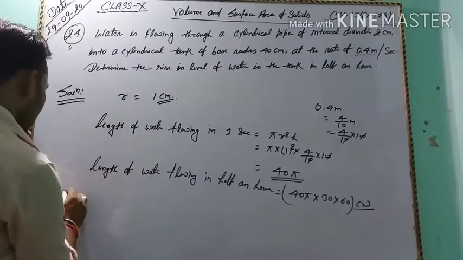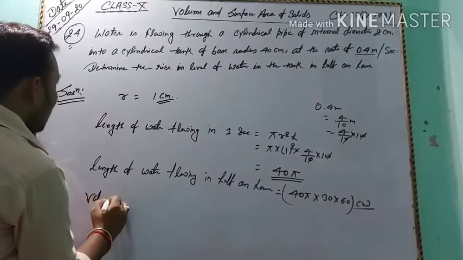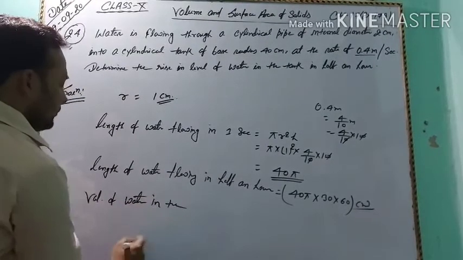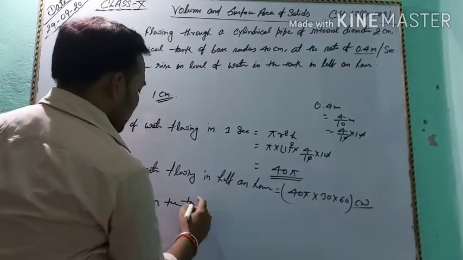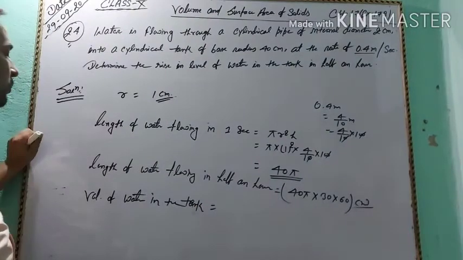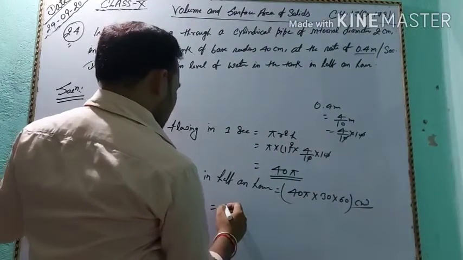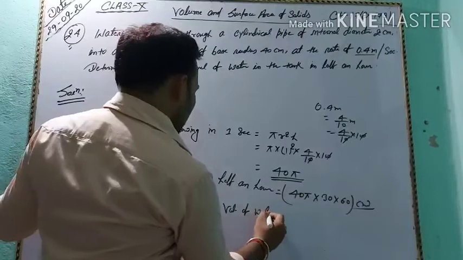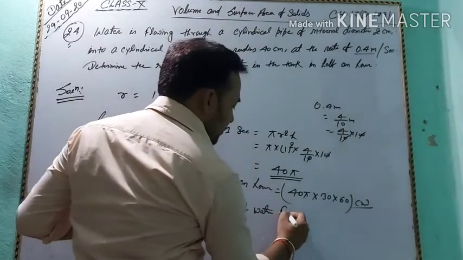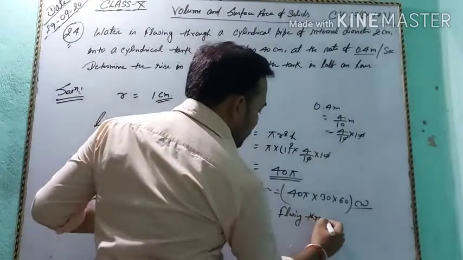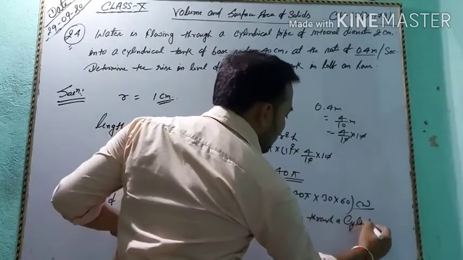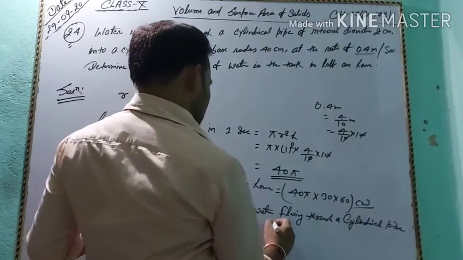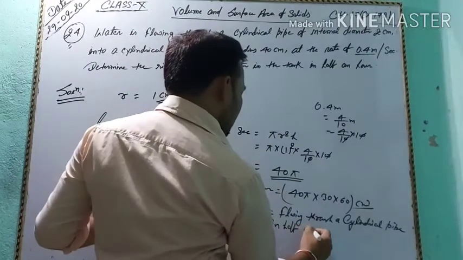Okay, so students, volume of water in the tank is equal to volume of water flowing through a cylindrical pipe in half an hour.